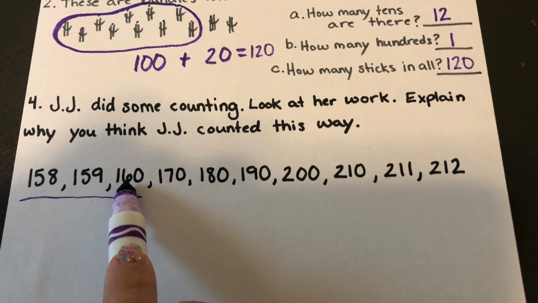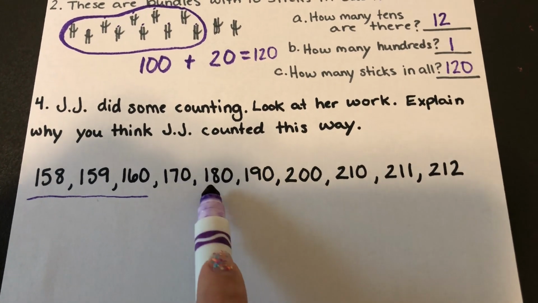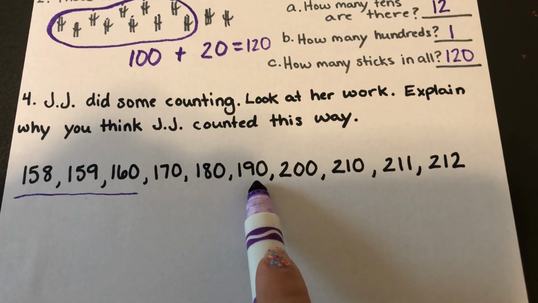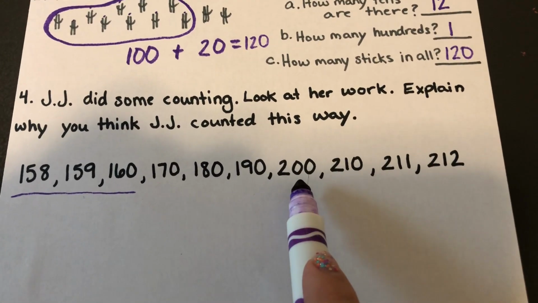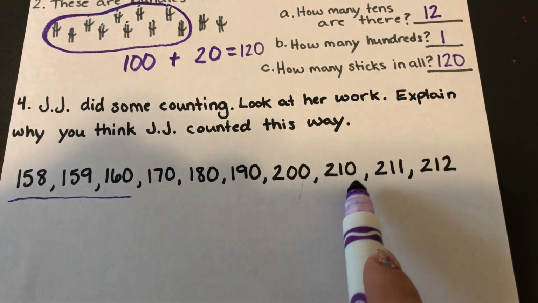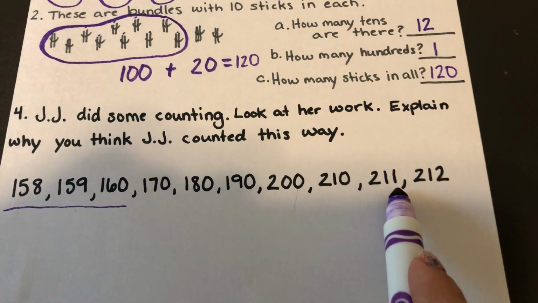So when she went from 160 to 170, she actually started counting by tens. So 160 plus 10 more is 170, plus 10 more is 180, plus 10 more is 190, plus 10 more is 200, plus 10 more is 210, and then we get to 211.